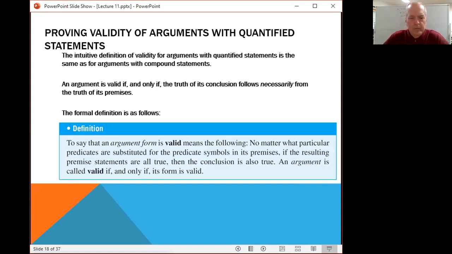So if we have particular cases where all the premises are true and the conclusion is true for all those cases, then it's a valid form of argument. No matter what particular predicates are substituted for the symbols in the premises, if the premise statements are all true, then the conclusion is also true. If that's the way it is for every case, then the argument is a valid form of argument.